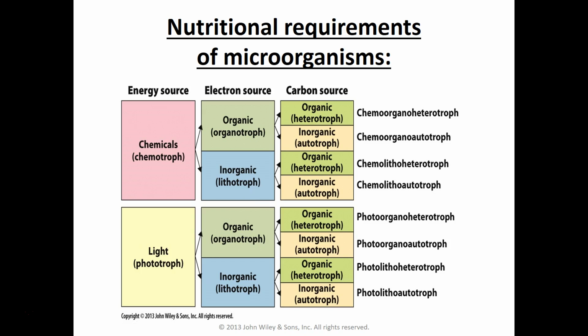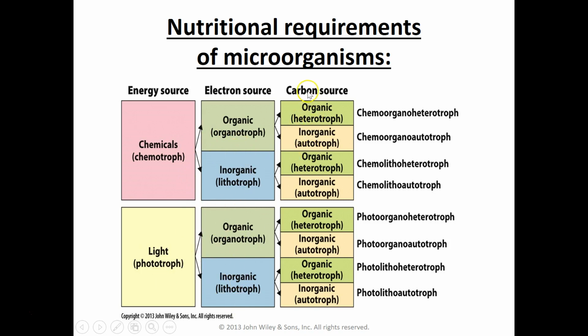Another name for that is a rock eater. Where does that come from? I don't know, but litho apparently means rock. And so we're just going down, so we're divided into two.